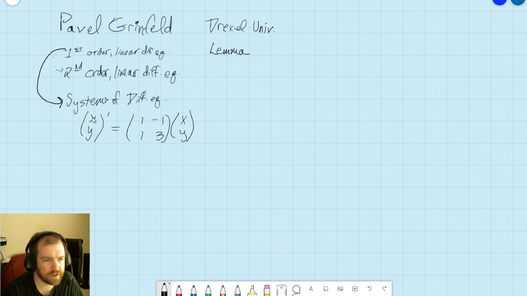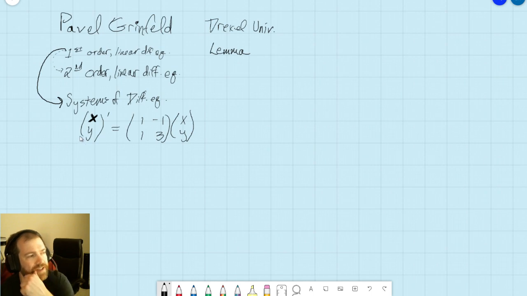What he did was reframe the second order linear differential equations to say, instead of x and y being independent functions of each other, what if x is just x, but y is actually x prime?